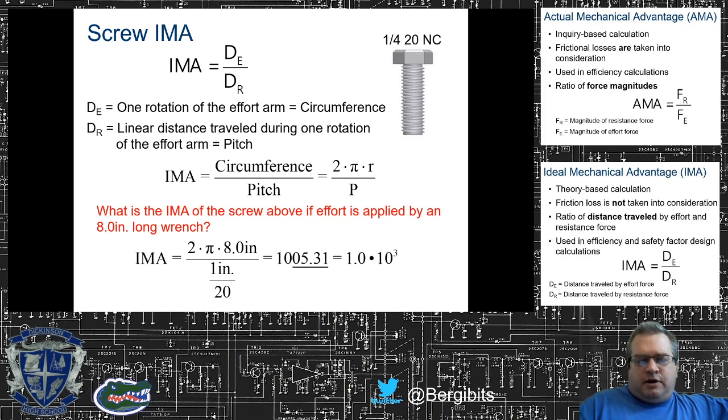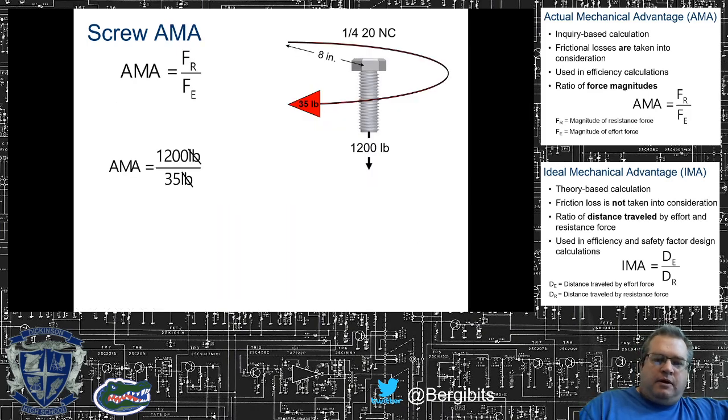All right, so the result comes out to be 1005.31. In this course, I'm not going to have you convert that out to scientific notation. We're just going to go to this step and end it there: 1005.31.